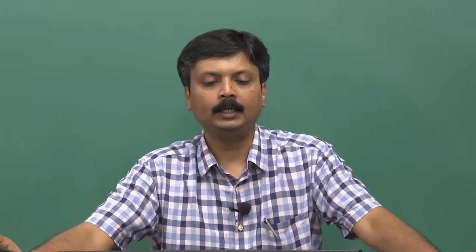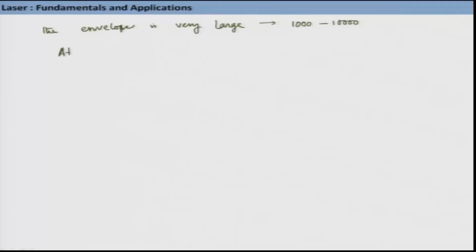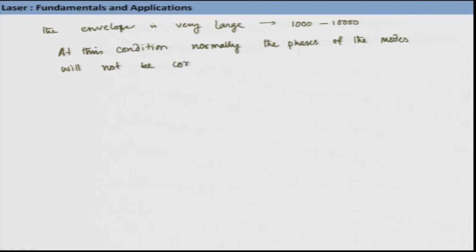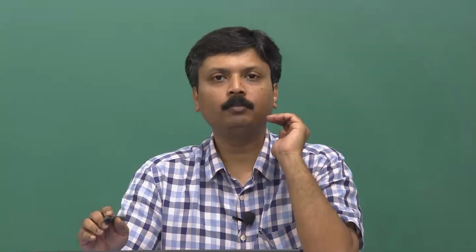So, what I am saying is that under this condition, normally the phases of the modes will not be correlated. So, none of the modes are correlated with each other in terms of phase.